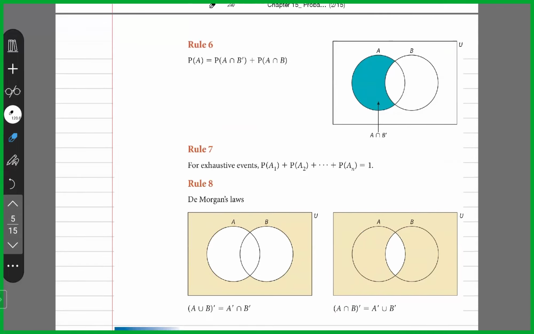Rule number 6, the probability of A intersect B complement, that is the shaded region, that green shaded region.